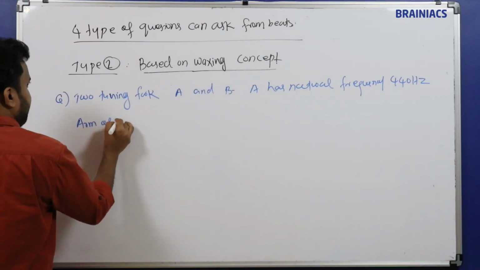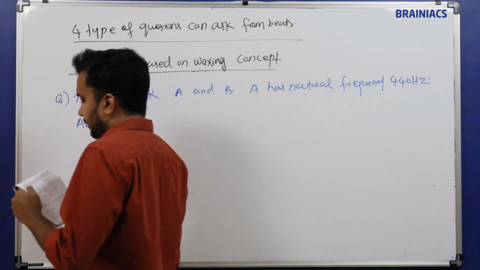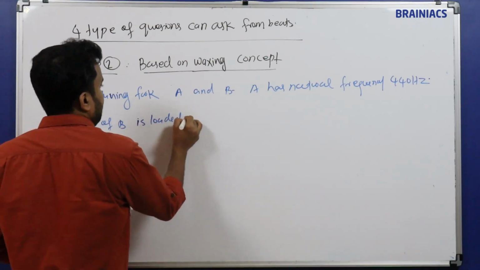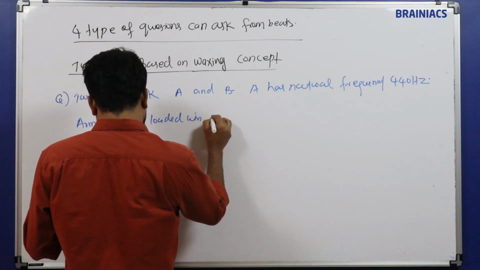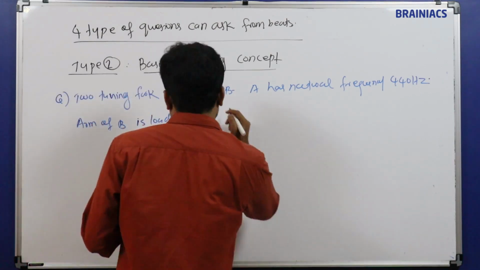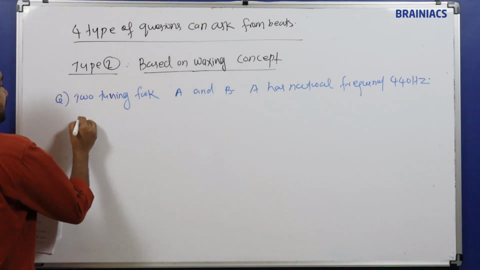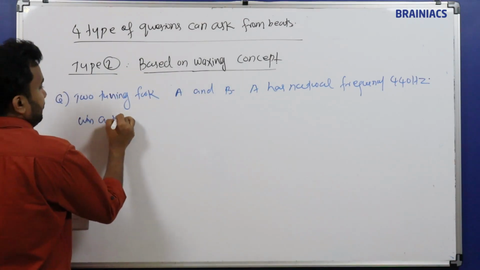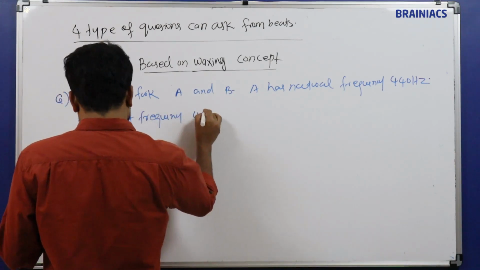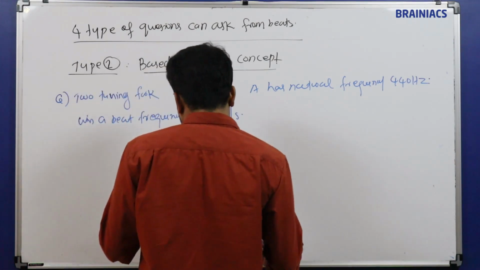The arm of B is loaded with wax. Sorry for this. A has a natural frequency of 440 Hz, with a beat frequency of 4 beats per second. Okay, now the question is continuing.